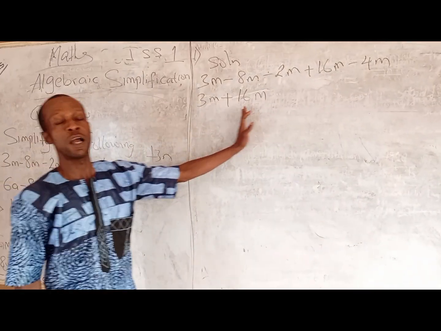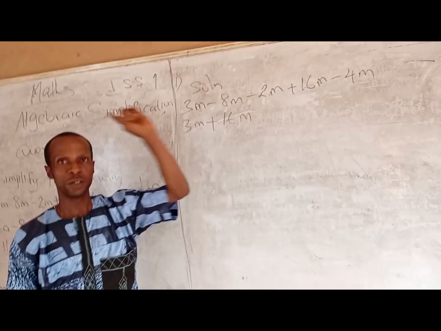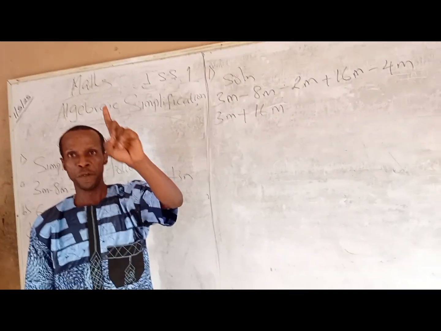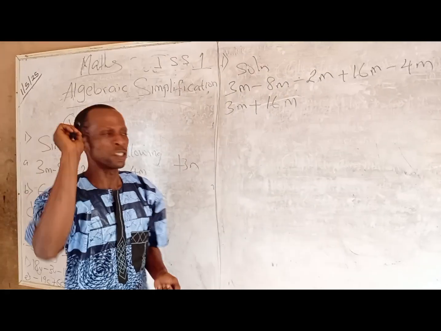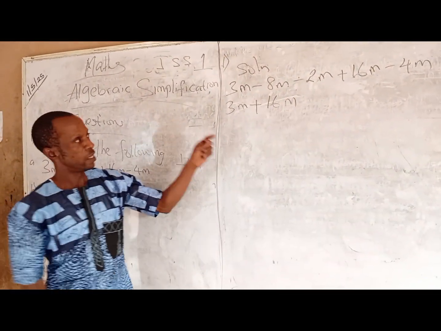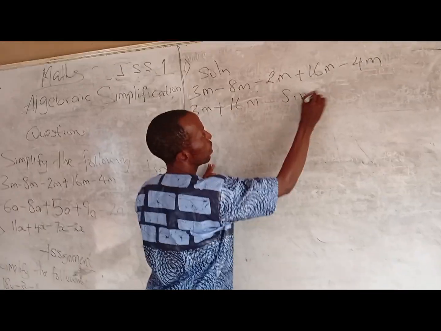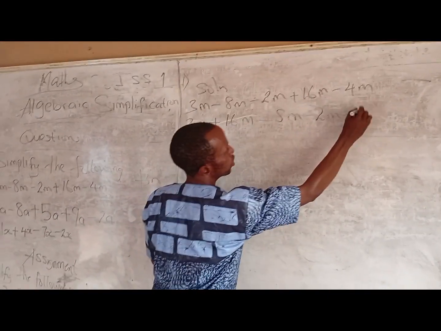It's just like collecting like terms, but in this case the sign remains because there is no equals to sign. Then I have minus 8m minus 2m minus 4m.